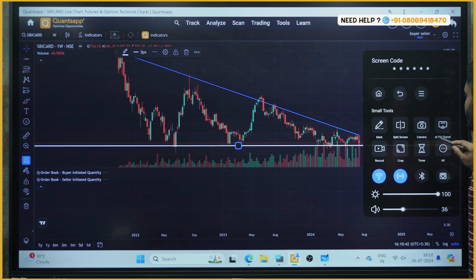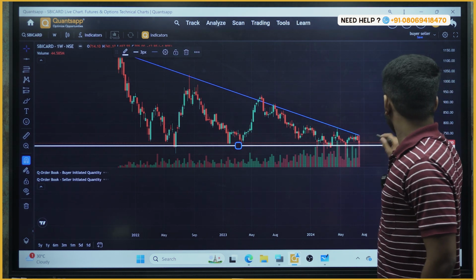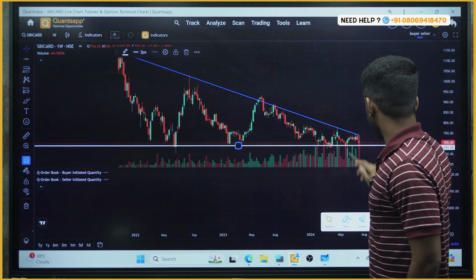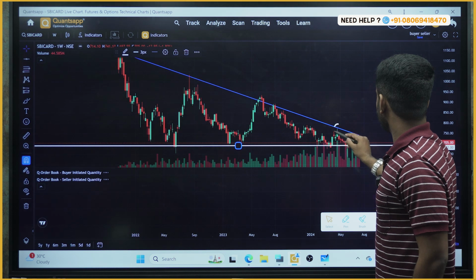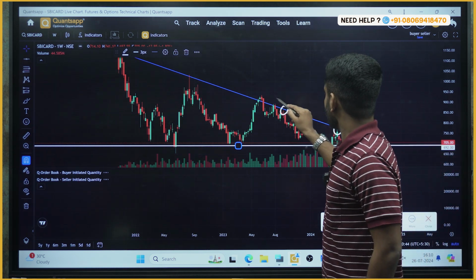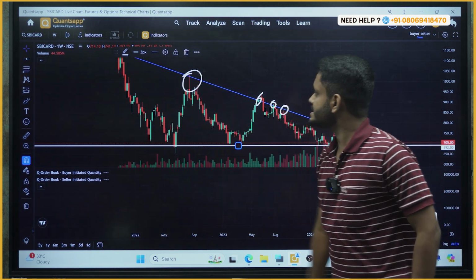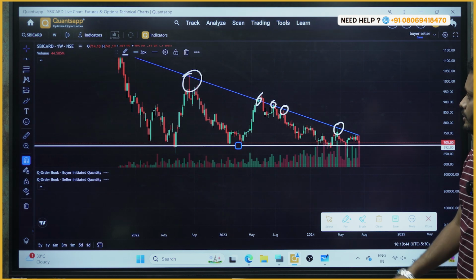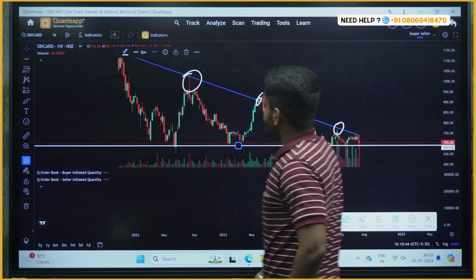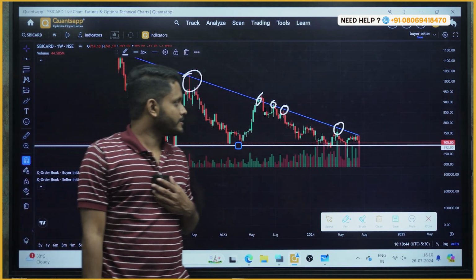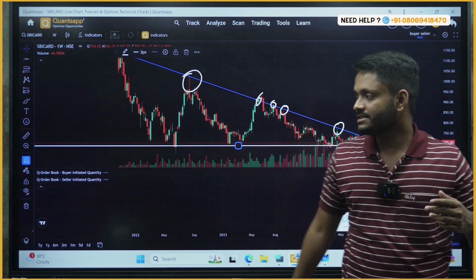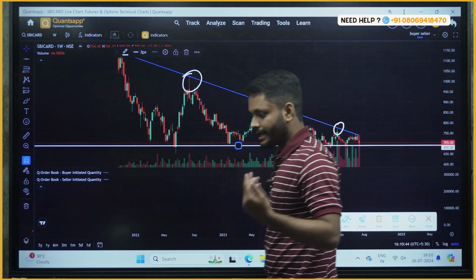The answer is no. But each and every time it approaches the breakout, being a retailer, what do we do? We jump in and buy a call. See, an ideal scenario of SBI Card. This we can say is a classical triangle pattern. In this kind of pattern, retailers usually get trapped.